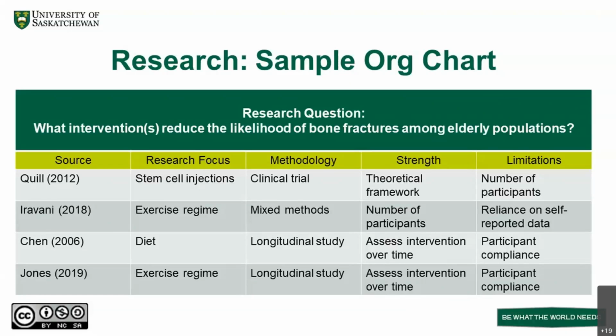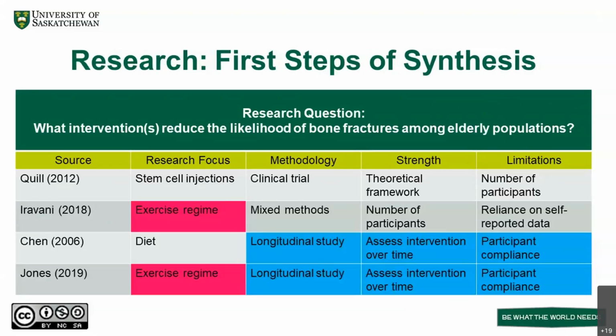Another major advantage to having something visual like this is that it's going to help with those first steps toward synthesis. We're going to be discussing synthesis a little bit today, and then a little bit more so during the next session on literature reviews. But basically what we're doing is, at a glance, we start to see those points of comparison, those points of similarity.